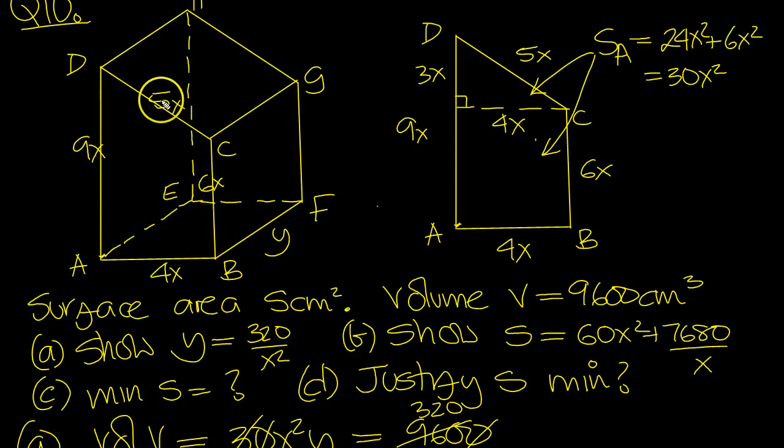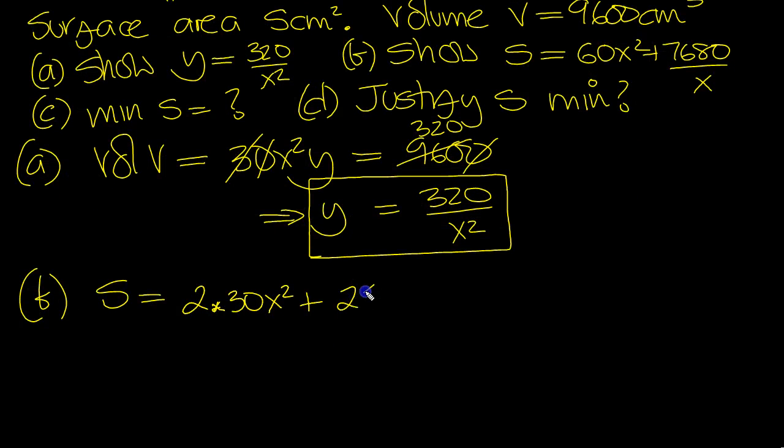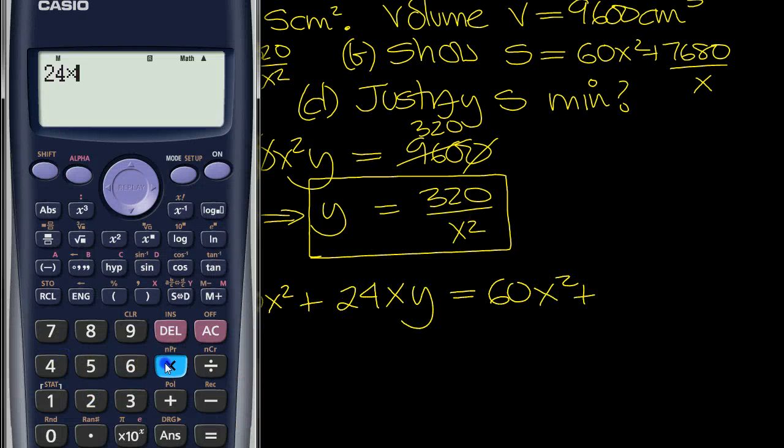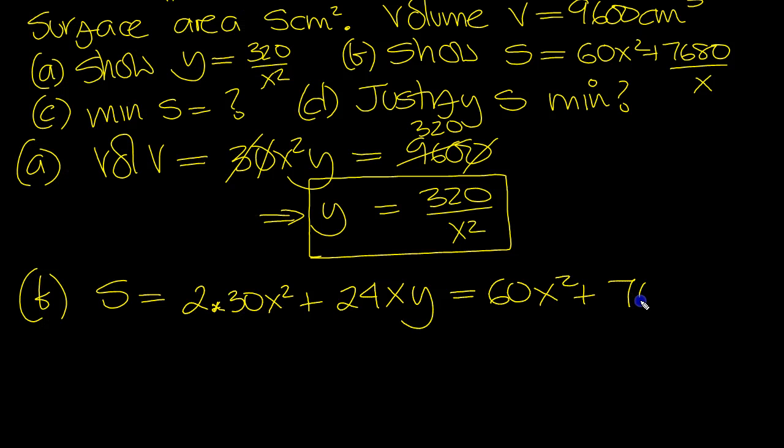You've got 6x, 5x, 9x, and 4x, all times y for those 4 areas. So it's 24xy. 24x times the y's, which is 60x squared, plus 24 times 320, 24 times 320, 7680.